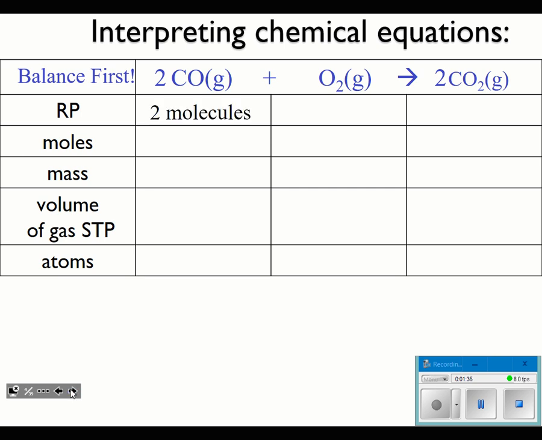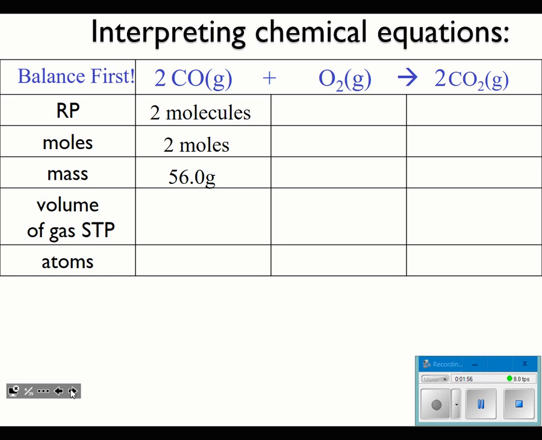So when I talk about representative particles, for my carbon monoxide, I've got 2 molecules. I've got 2 moles of those as well. Its mass, I could look up the GFM of carbon and also look up the GFM of oxygen. So I'd have 12.0 and 16.0, and I could add those together.